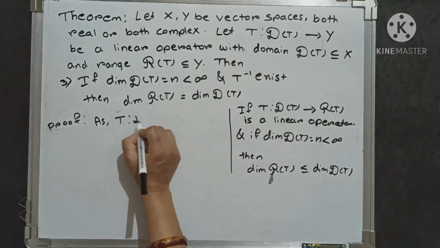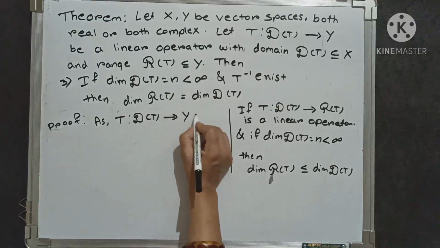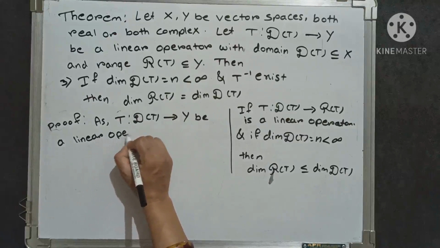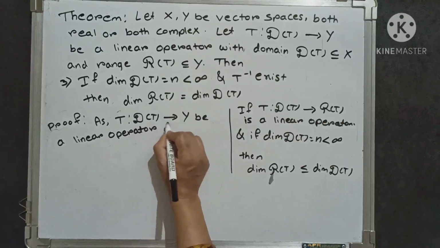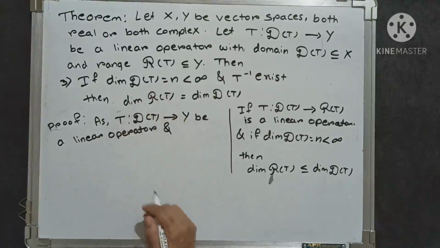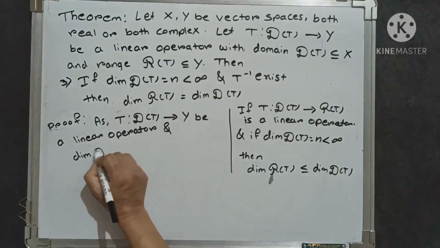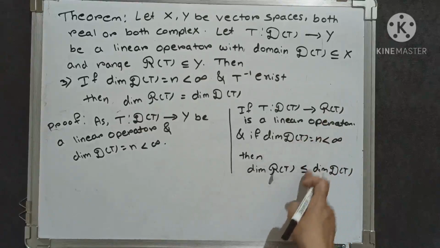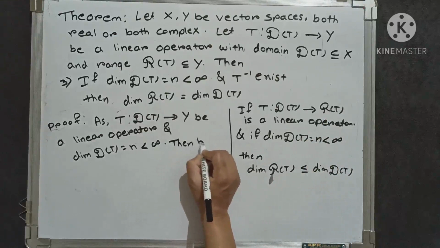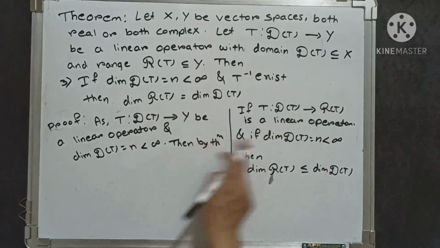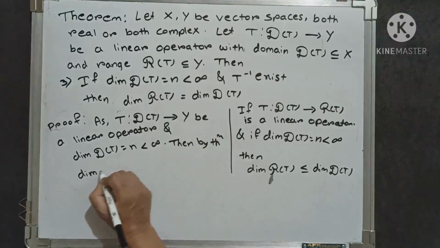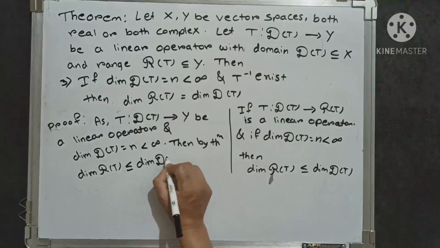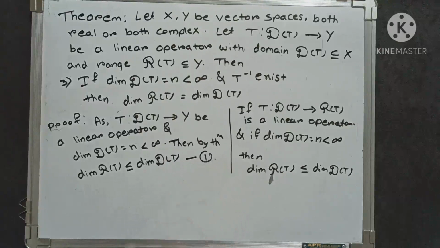As capital T, which is from script D of T to Y, is a linear operator, and also given that the dimension of script D of T equals n, which is less than infinity, then by this theorem we get that the dimension of script R of T is less than or equal to the dimension of script D of T. Let us give it the name 1.